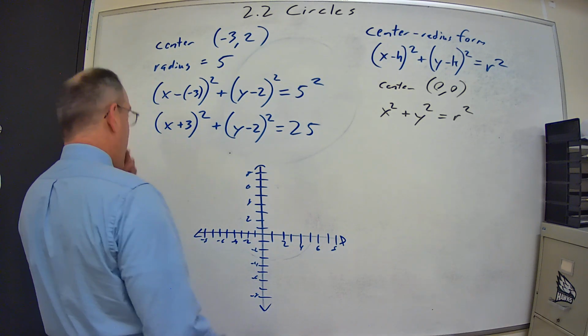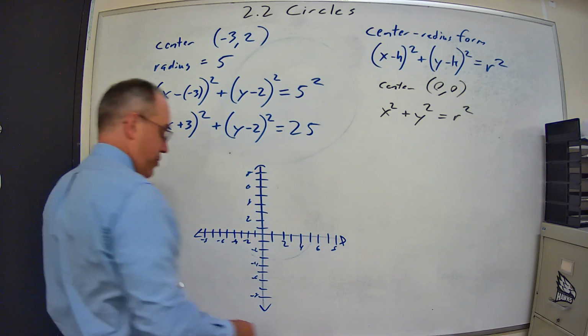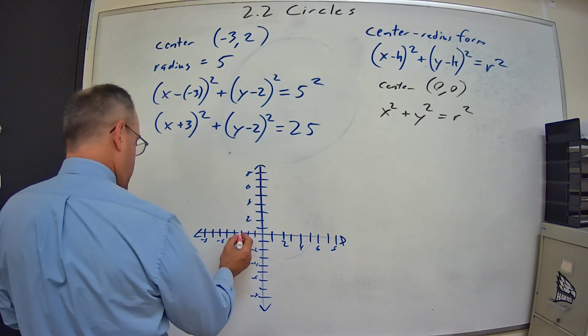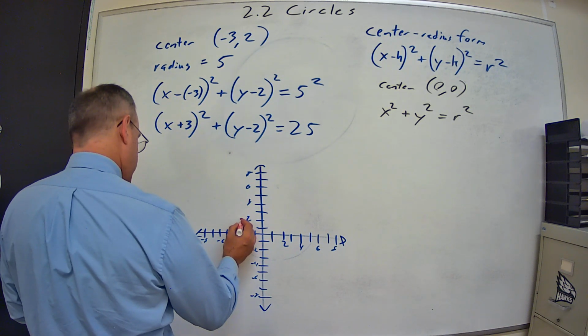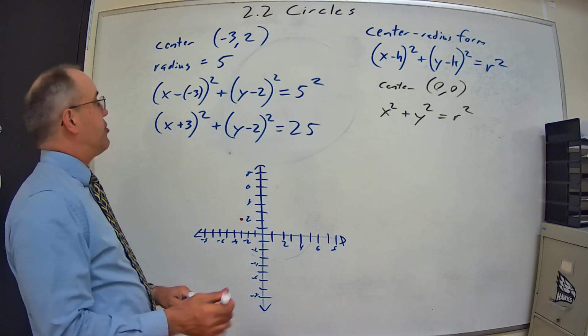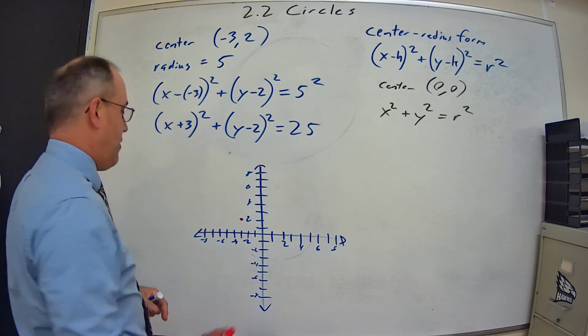So now, the first thing I'm going to do is plot my center, which is at -3, 2. So -3, 2. There's my center. And then to create my circle, I'm going to use that radius of 5.